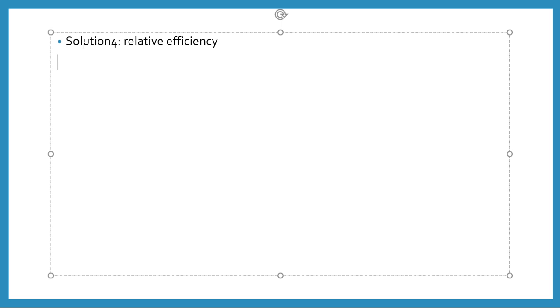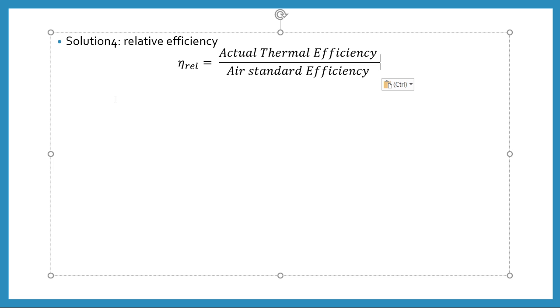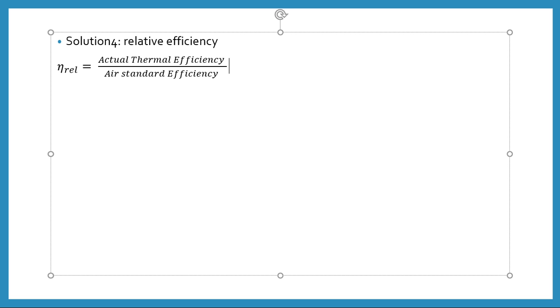Before we find out the relative efficiency, we know the equation of the relative efficiency: actual thermal efficiency divided by the air standard thermal efficiency. Here we already found the brake thermal efficiency, but we need to find out the air standard efficiency.